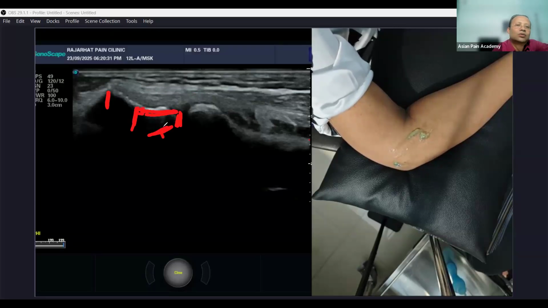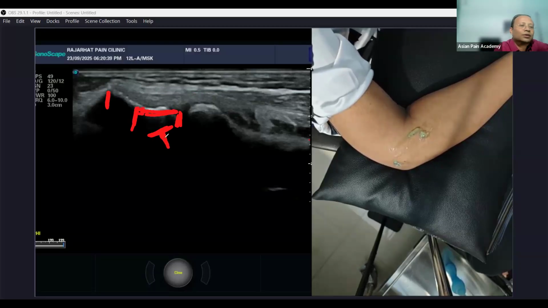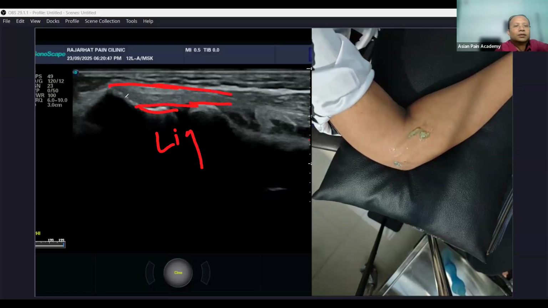That is the radial collateral ligament. This part is ligament part, and this part is tendon part. This is the common extensor tendon.